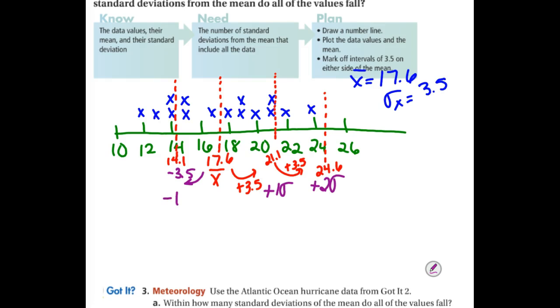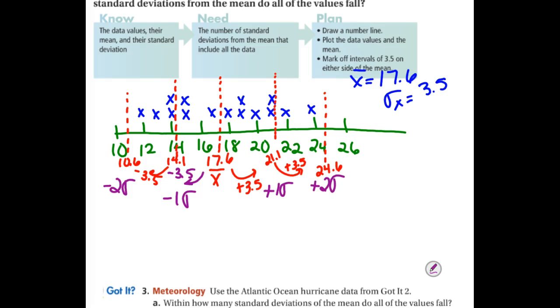So I'm going to write that as -1 sigma. Okay, I'm 1 standard deviation below. And I'm going to do that again. Subtract 3.5 from our 14.1, and we end up at 10.6. Okay, and that is 2 standard deviations below the mean.